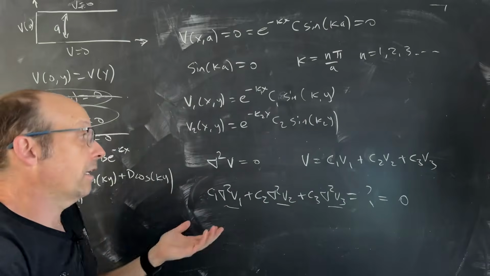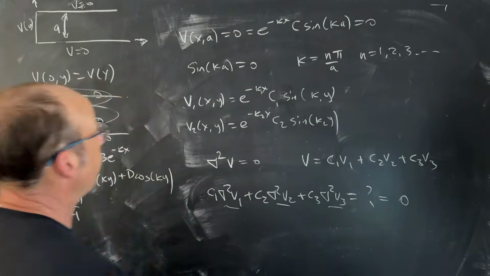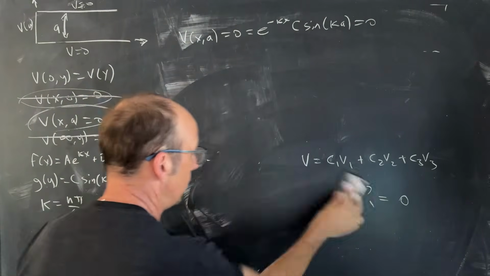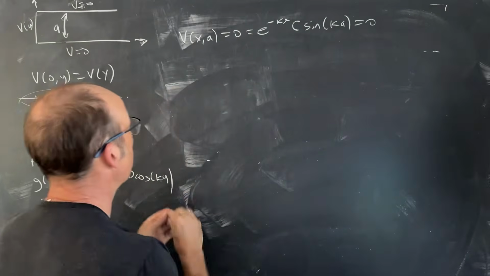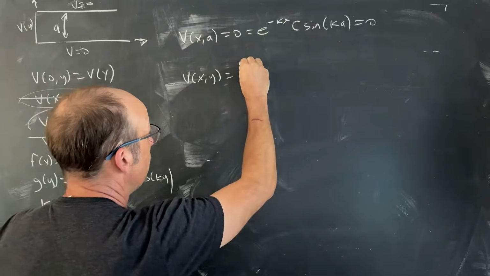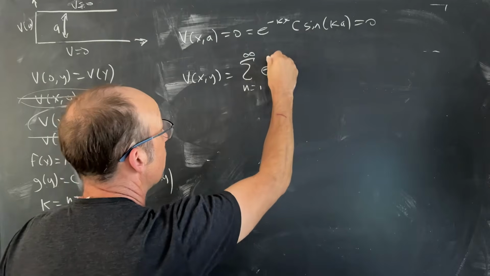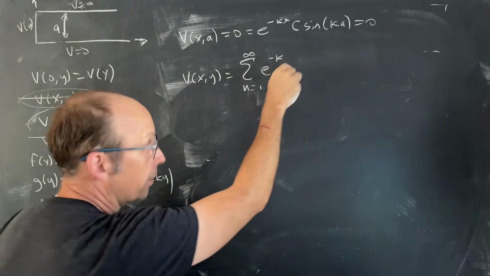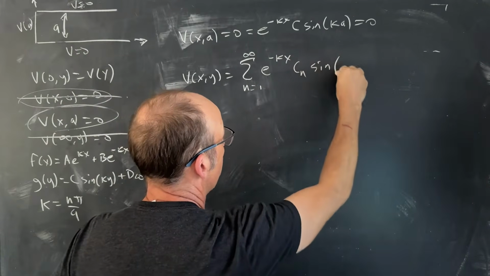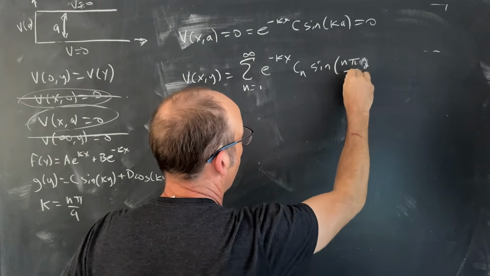So in fact, the solution is going to be to add up all of these values, right? I need to know all of the values. So my total value, I already put the k over there. So my solution looks like this. V of x, y is going to be the sum over all n equals 1 to infinity, e to the negative k_n x, c_n sine of n pi y over a.